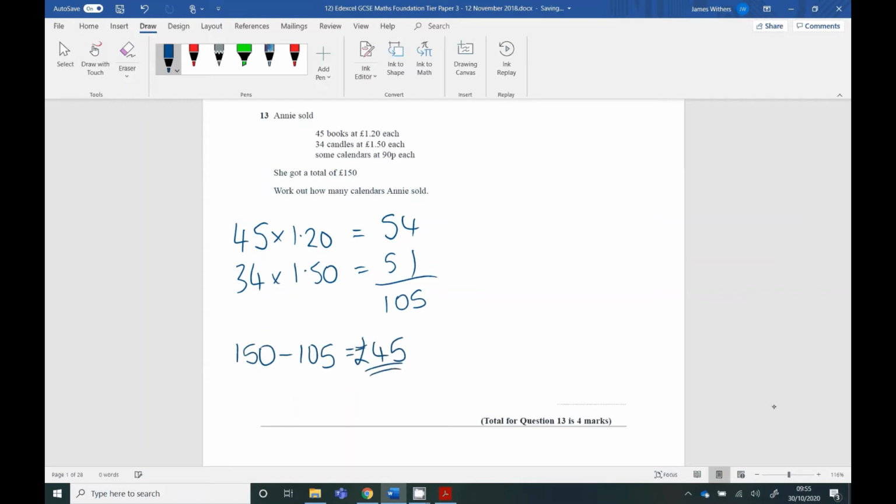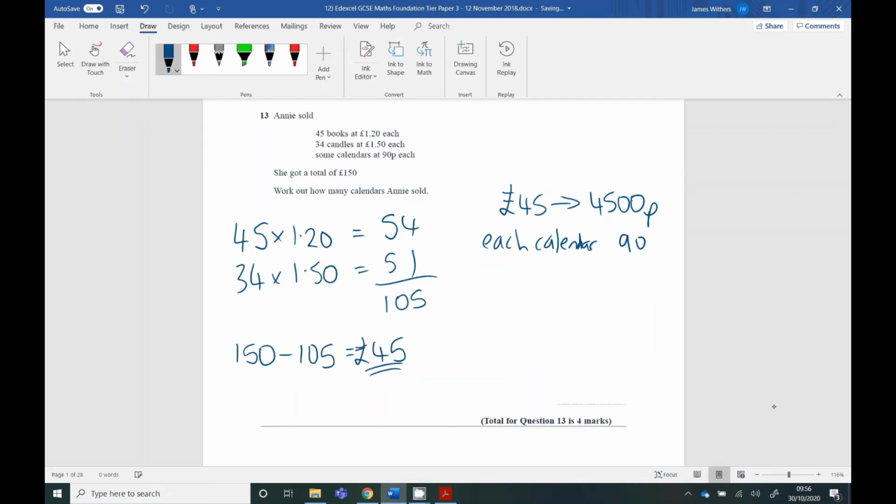Now each calendar costs 90p each, so it's going to be easier for us to work in either pounds or pennies consistently here. So I'm going to convert the £45 into pennies, so times it by 100, so that's 4,500 pennies, and each calendar is 90p.